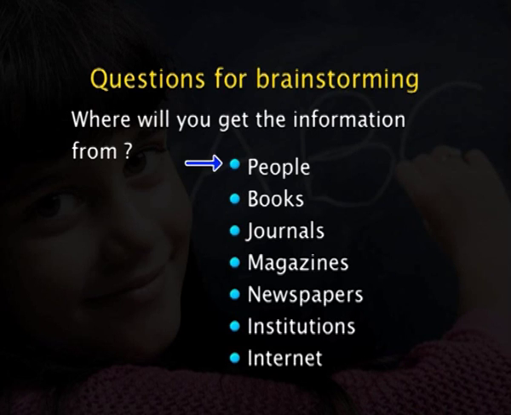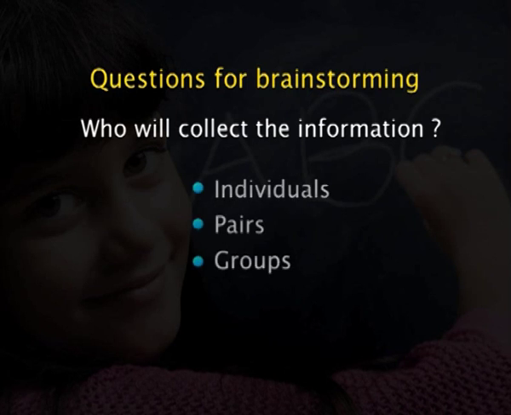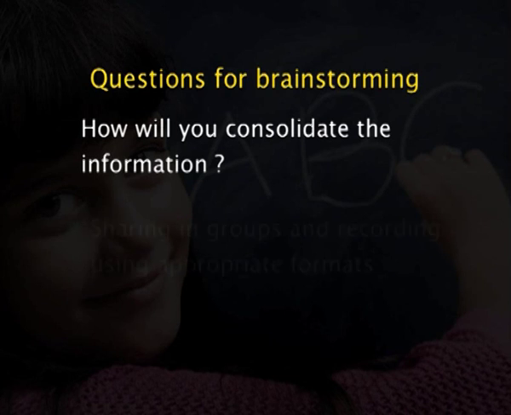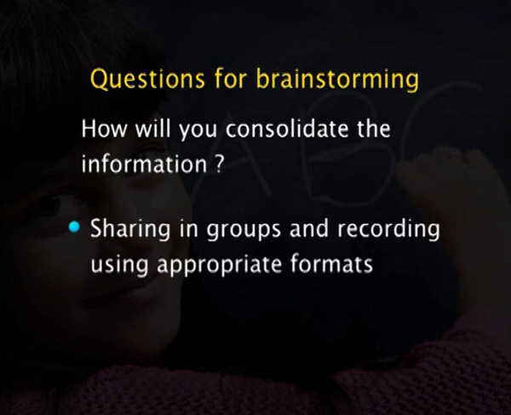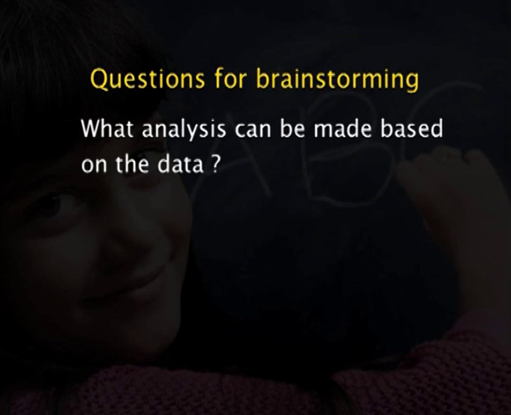Resources such as people, books, journals, magazines, newspapers, institutions, internet, etc. Who will collect the information? Individuals, pairs or groups? How will you consolidate the information? Sharing in groups and recording using appropriate formats? What analysis can be made based on the data?